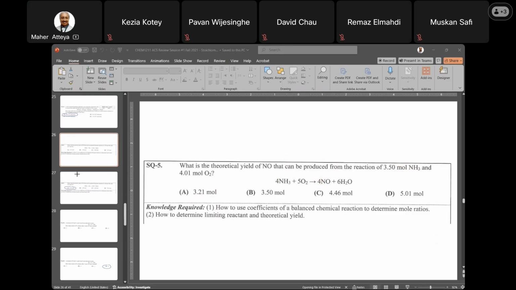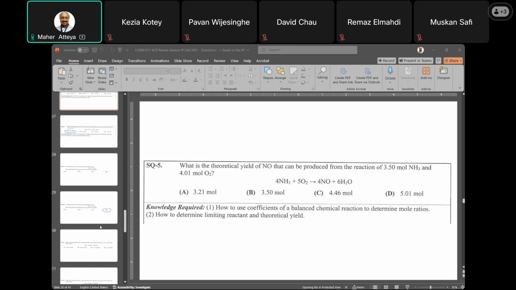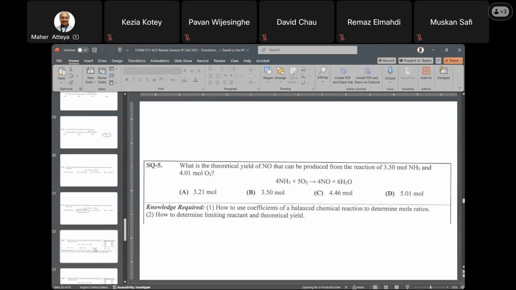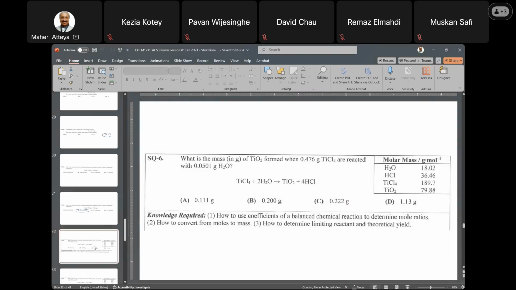So let's do another one. So this is another limiting reactant problem based on this reaction here, guys.